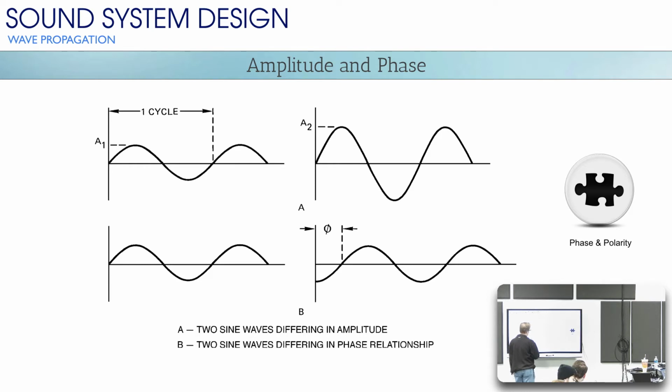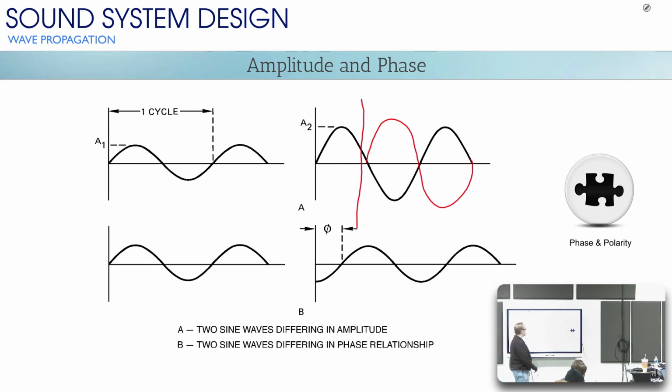Let me see if I can put one in here. So I could have a second wave here that is out of phase. If I start a new one there, there was a period of time involved there, and that would be phase.